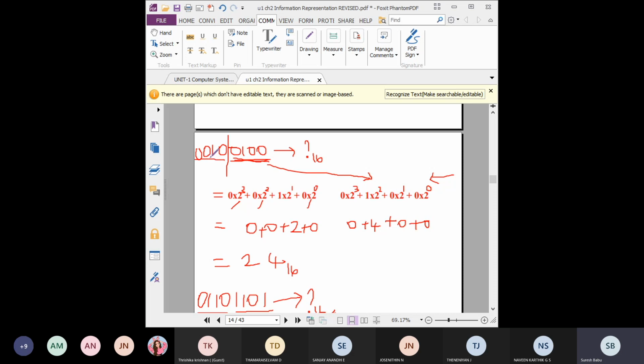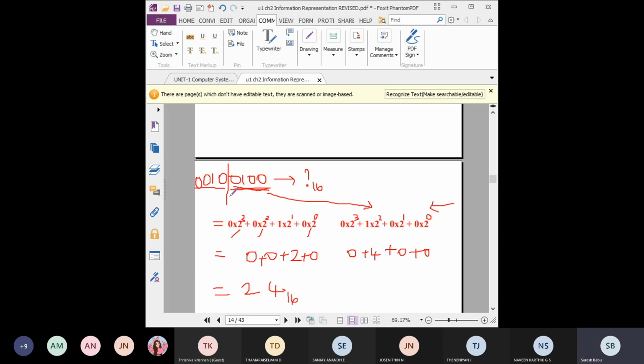In the question, sometimes they won't give you the exact number you need. Sometimes they will stop at 1 0, so you cannot make it as 4 numbers. What you should do is add zeros on the left side to make it a 4-digit number. Again you do the same process: 0 0 1 0 multiplied with 2 power 0 1 2 3.